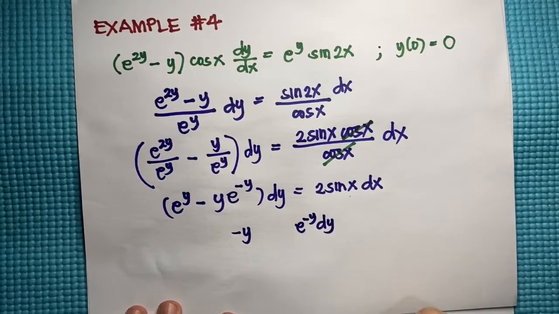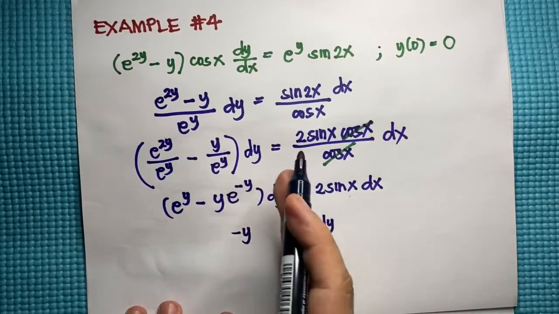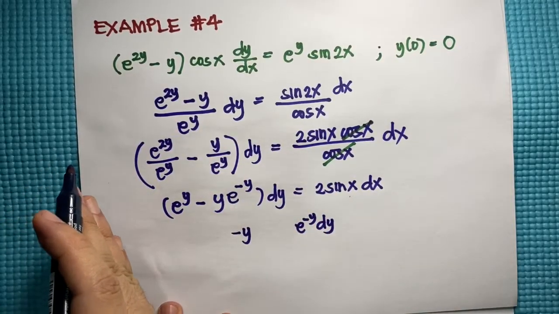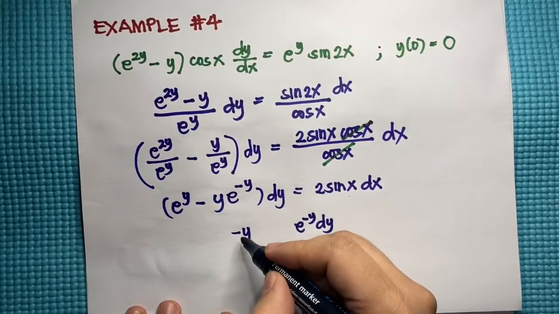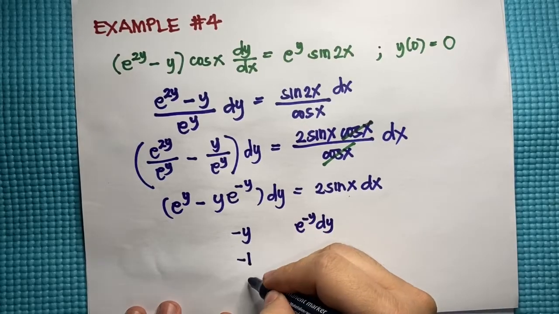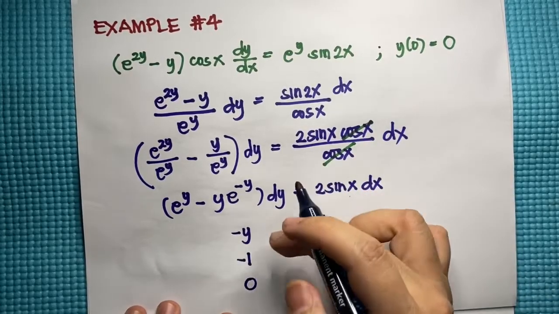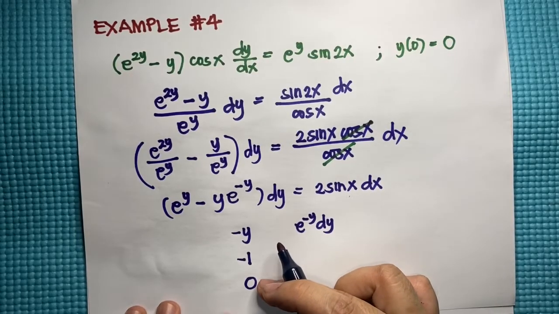In the tabular method, we are differentiating the algebraic function while integrating the other function. In this case, the derivative of negative y is negative 1, and the derivative of negative 1 is 0. We usually stop whenever our derivative becomes 0.